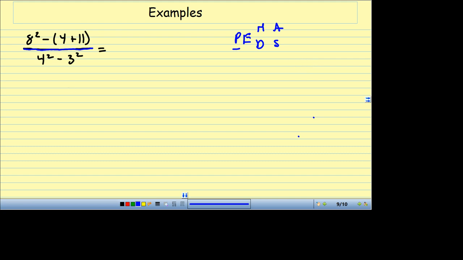Well, I don't have any parentheses on the bottom, but I've got parentheses at the top, right here. So I'm going to evaluate that. 4 plus 11, that's 15. And I don't change anything else. So I'm going to rewrite it all.